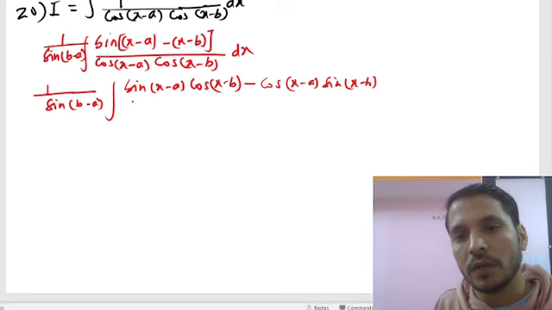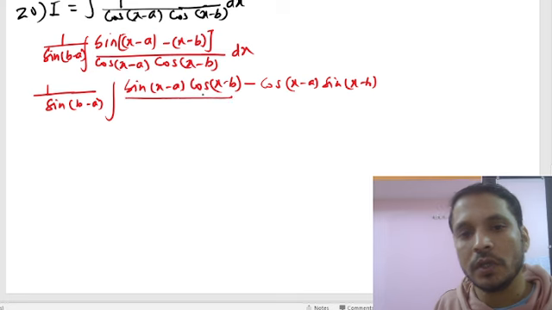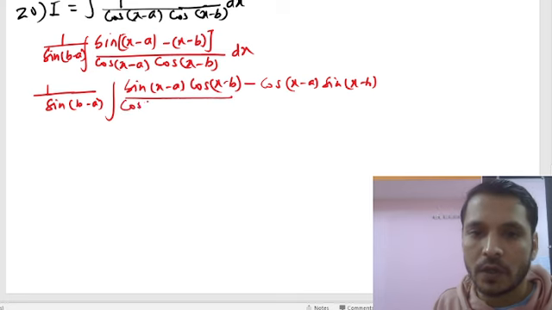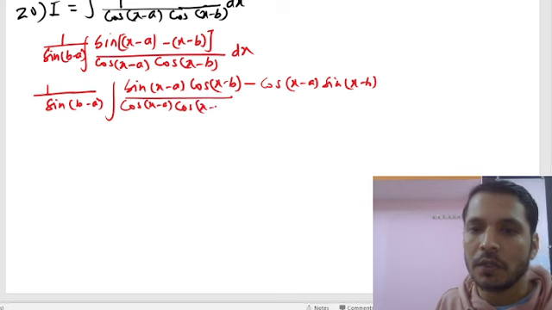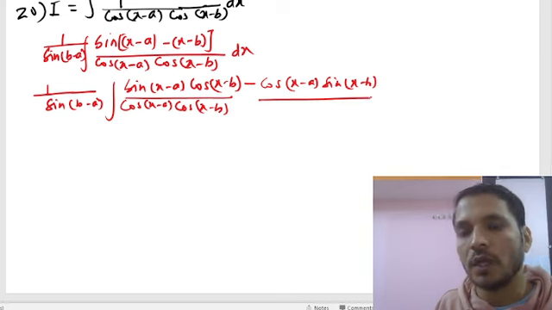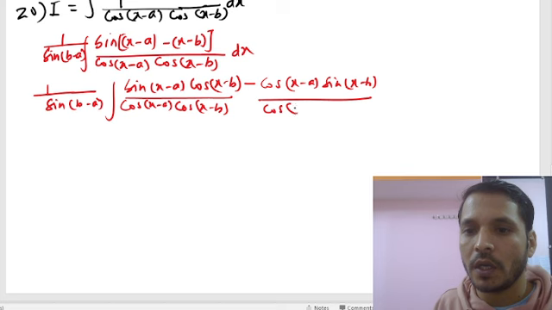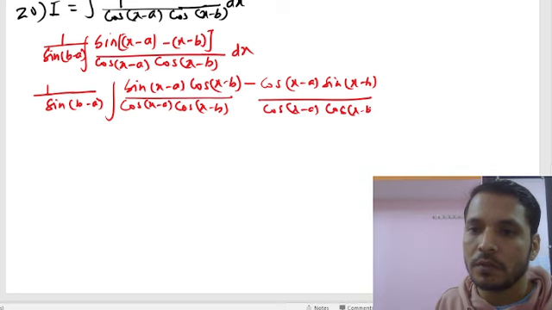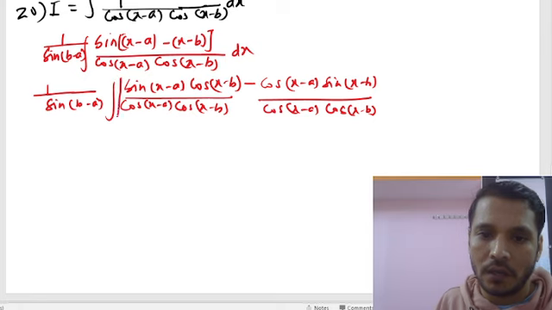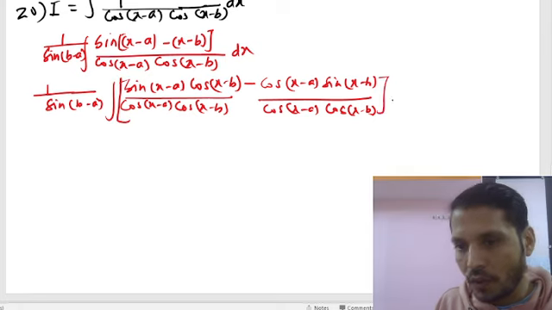We divide both terms separately, each by cos x minus a into cos x minus b, into dx.